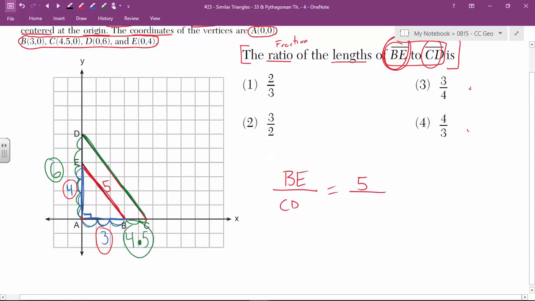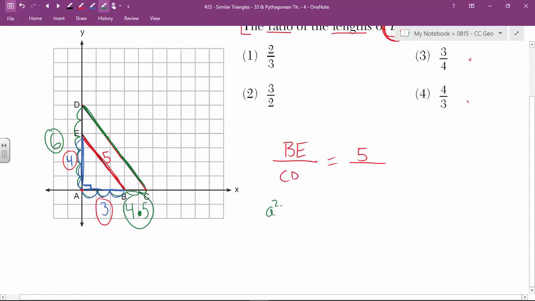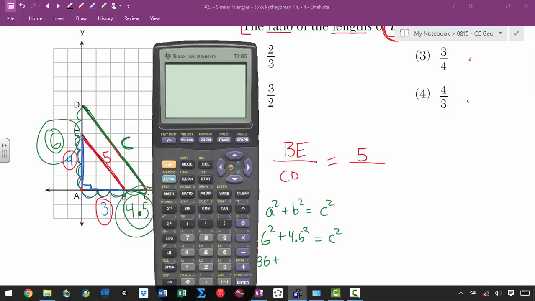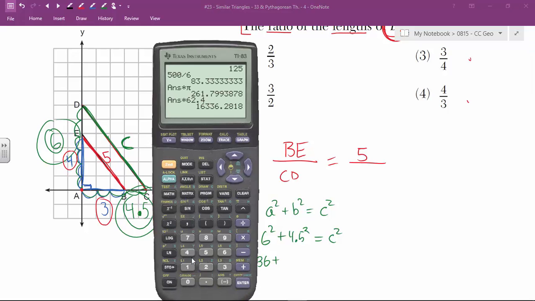So in the Pythagorean theorem, a squared plus b squared equals c squared, and sure, I'll call that c. We're going to have 6 squared plus 4.5 squared, the legs we found, and then we're going to solve for c. This is kind of calculator time. I know 6 squared is 36, but 4.5 squared is a little bit harder. I don't know that off the top of my head.